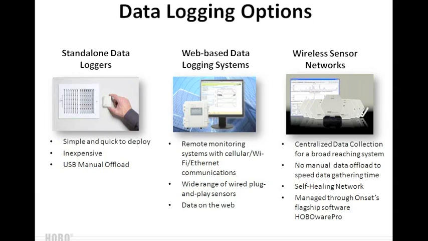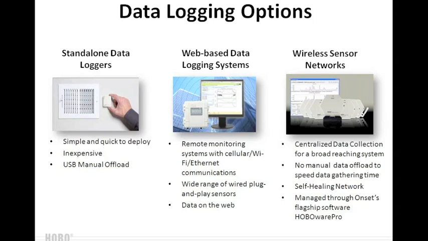The loggers we're going to spend the most time on today are our wireless sensor networks. We call this product line our ZW series of data loggers. It allows for centralized data collection so you can have a broad reach across your building of data logging solutions without going to retrieve the data from the logger directly.